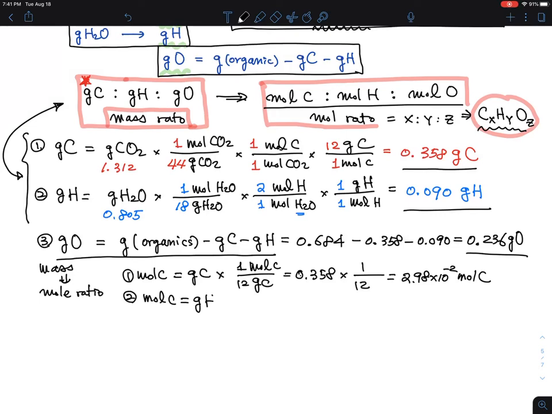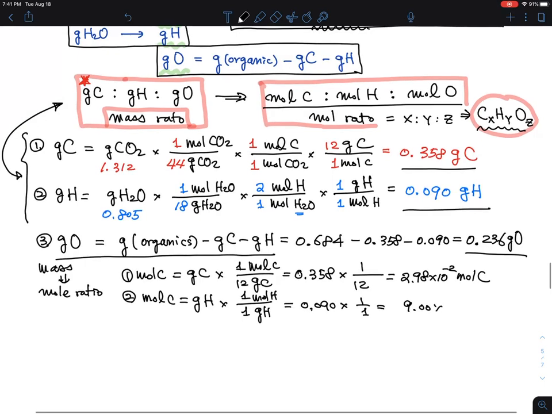Number 2, moles of hydrogen from grams of hydrogen, and 1 mole is 1 gram, so pretty much the same deal. 0.090 times 1/1, and therefore that's 9.00 times 10 to the minus 2 moles of hydrogen.